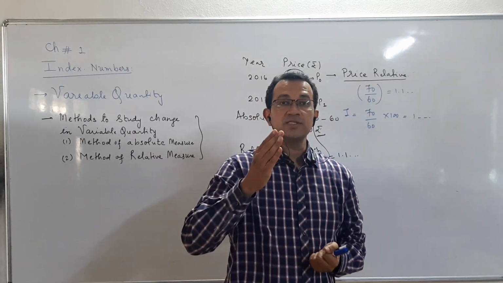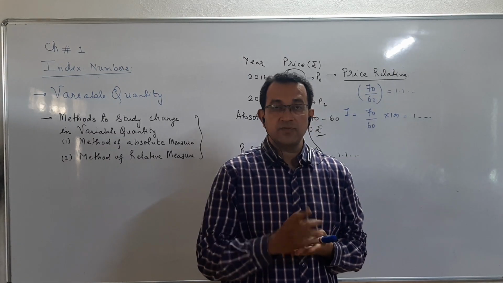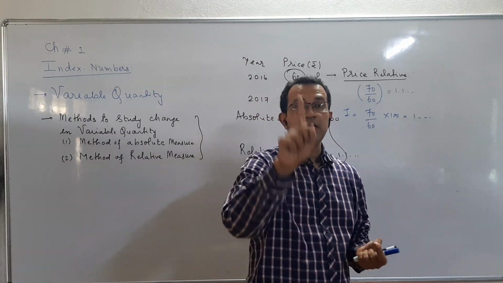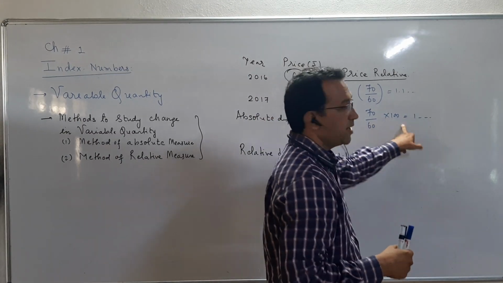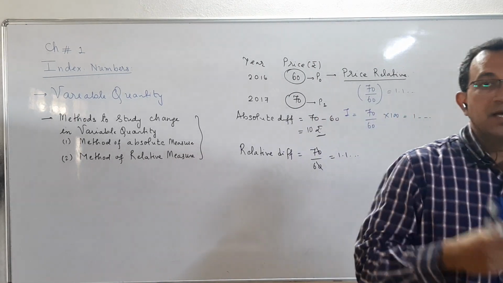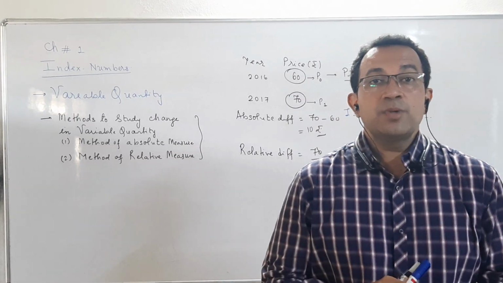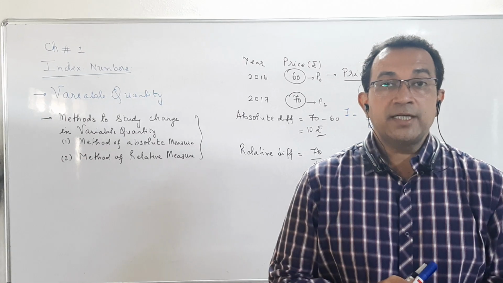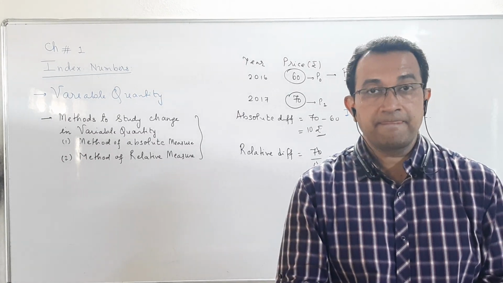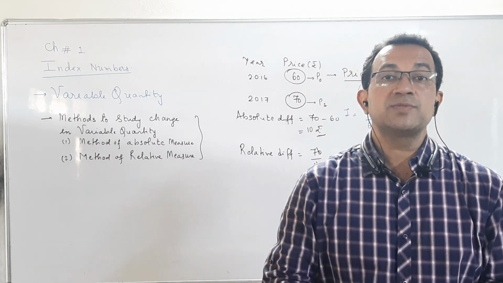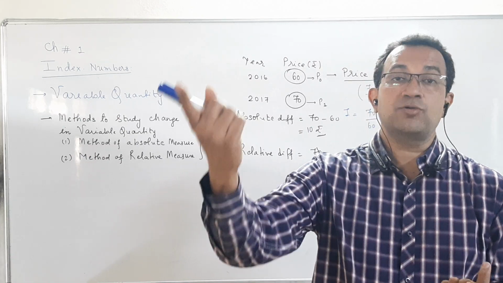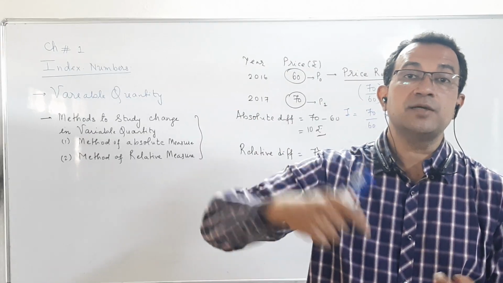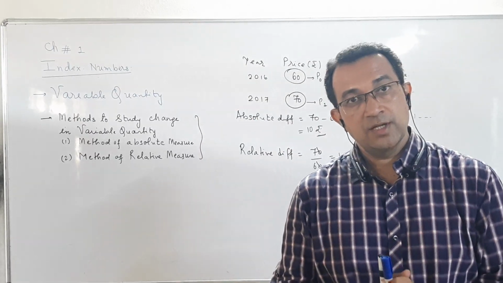Now break up this definition into three segments. First, percentage relative change means it is multiplied by 100. In the value of variable quantity associated with an item for a given period of time, our variable quantity is the price of petrol, and the item is petrol.